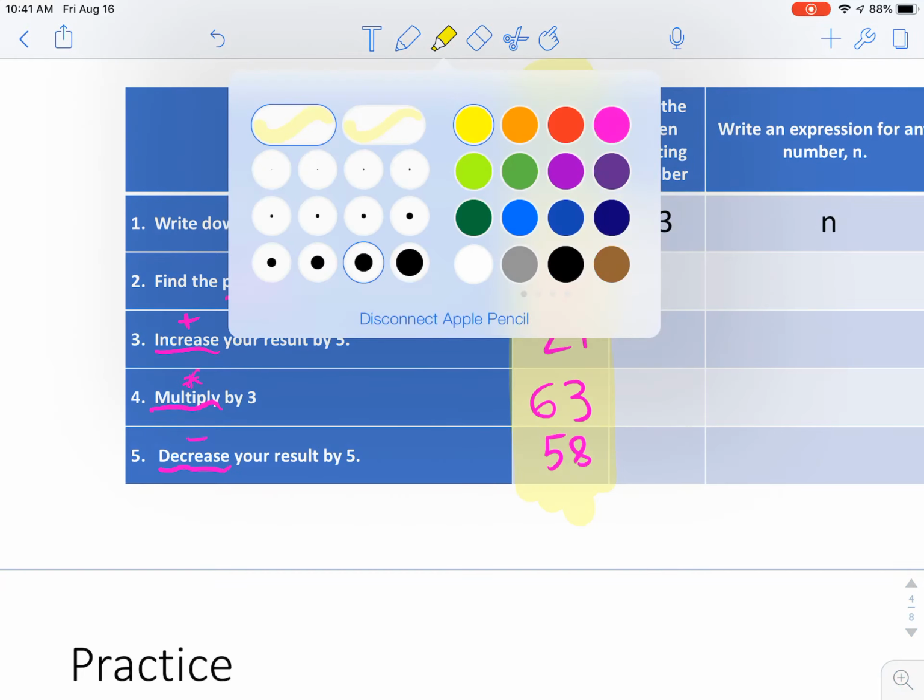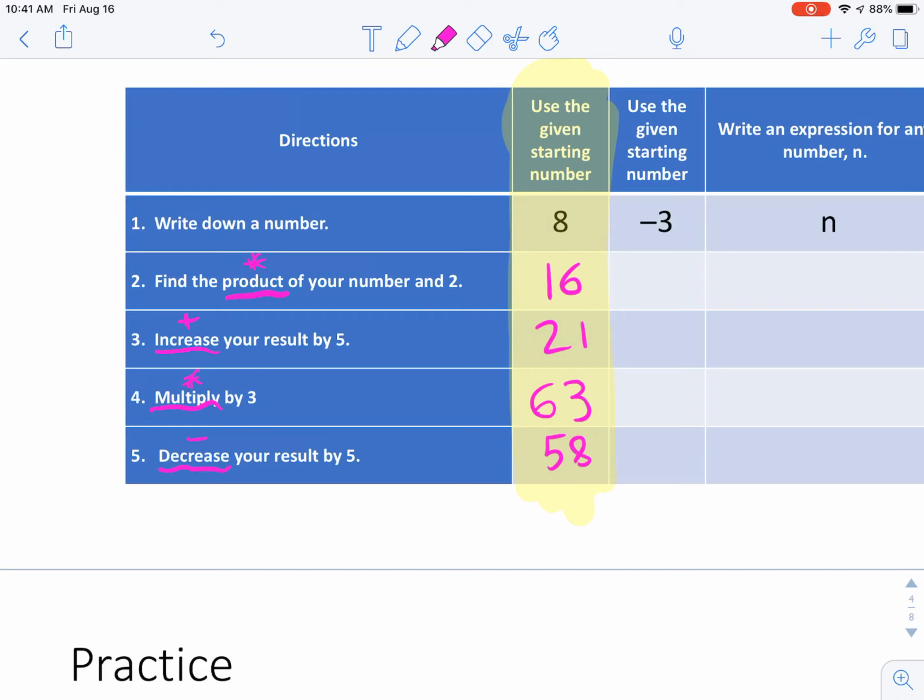We're going to do the same thing again, but this time we're going to do it in the second column with the number -3. So we're going to do exactly the same thing. We're going to start by multiplying by 2. Well, -3, the first number, times 2 is -6. Then we're going to increase by 5, which means adding 5. -6 plus 5 is -1.